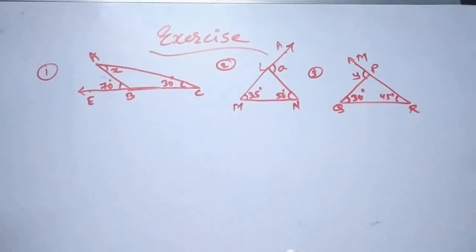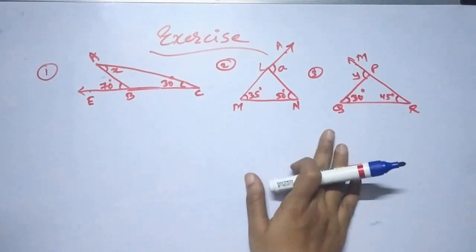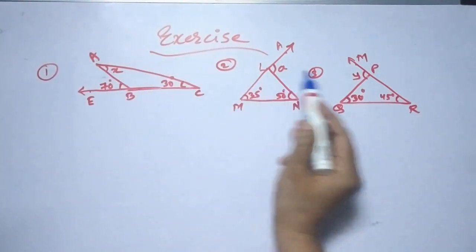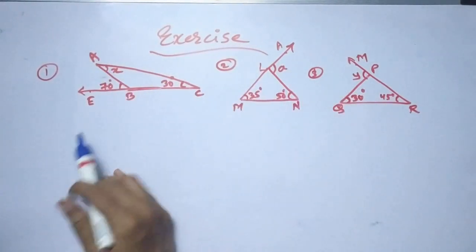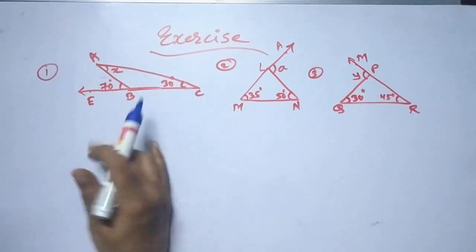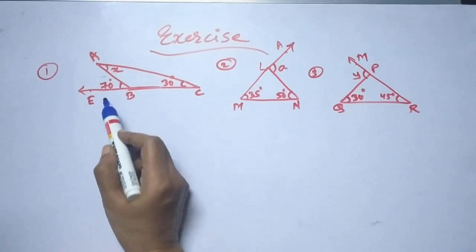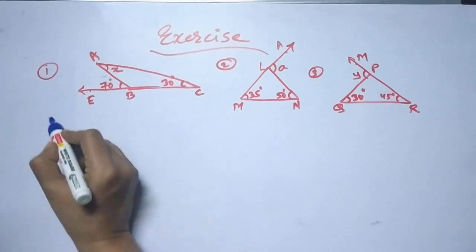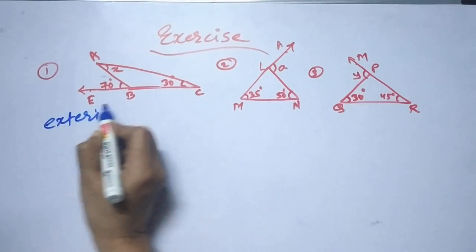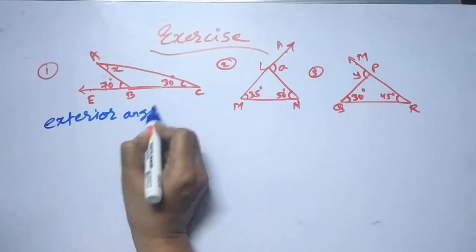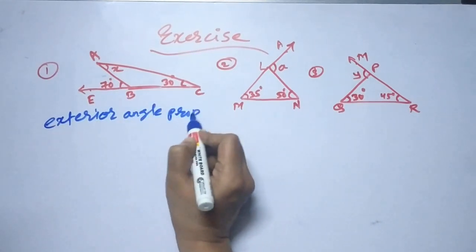So friends, now we need to find the unknown angles. These are angle X, angle A and angle Y. As you notice in this first diagram, this angle ABE is an exterior angle, so we will solve it using the exterior angle property.